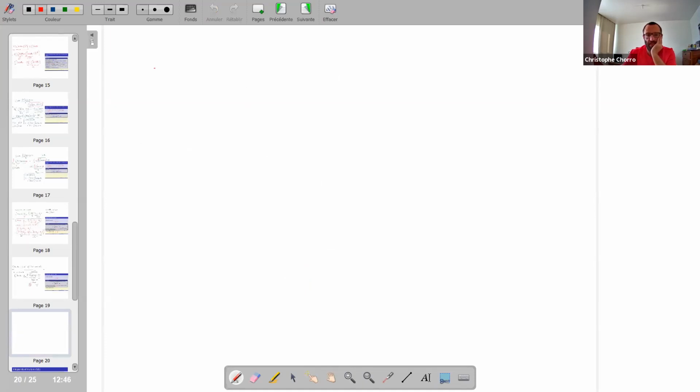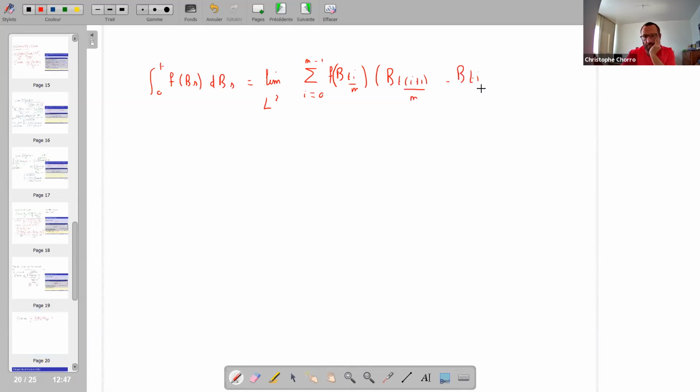So let's see this on an example. I have defined the integral between 0 and t of f of B_s dB_s as the limit in L2 of this. I said that in the case of the Riemann integral, I can choose any point in the interval between t_i over n and t_{i+1} over n.